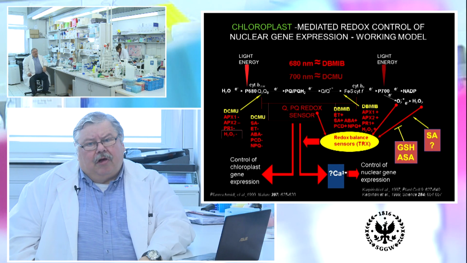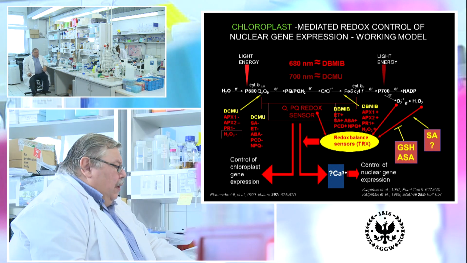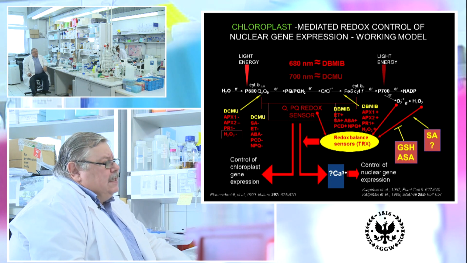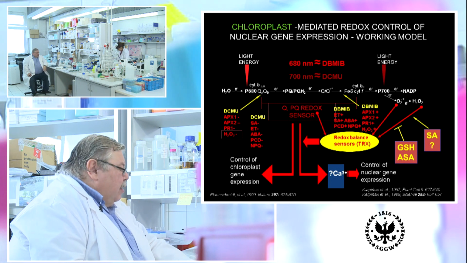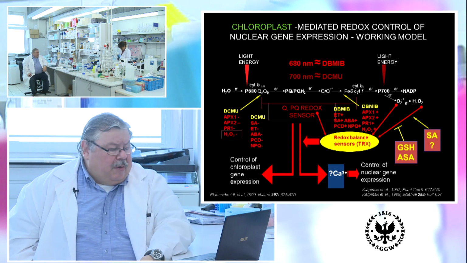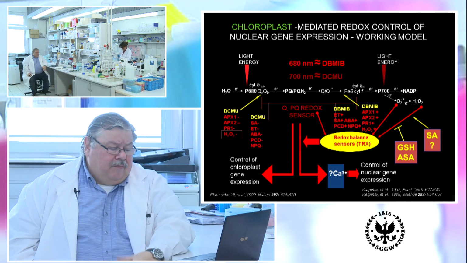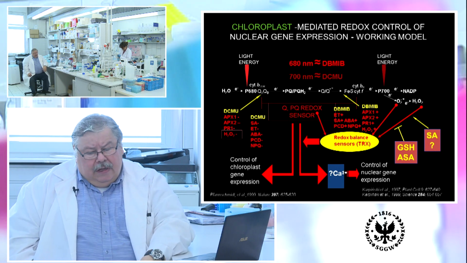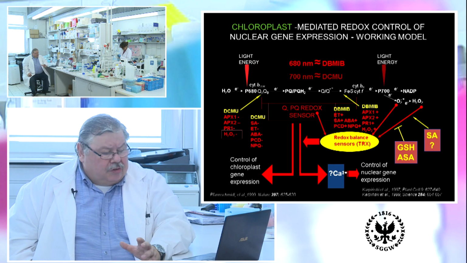And at the beginning of 2000, we presented this model in which we showed that this redox status of the plastoquinone pool is an important regulator of many genes, not only ascorbate peroxidases in abiotic stress responses, but also in biotic stress responses such as PR1, for example, pathogenesis-related 1 gene, which is a robust molecular marker of the pathogenesis.